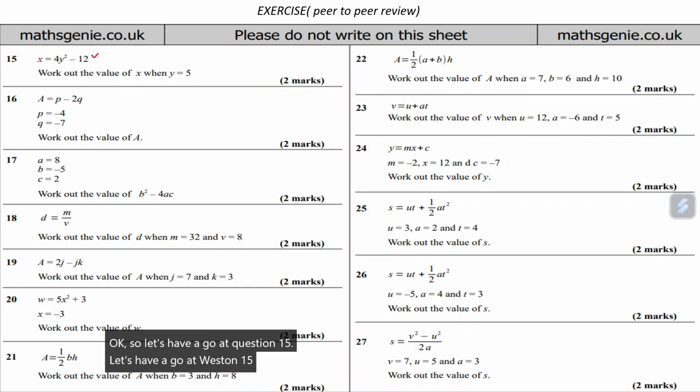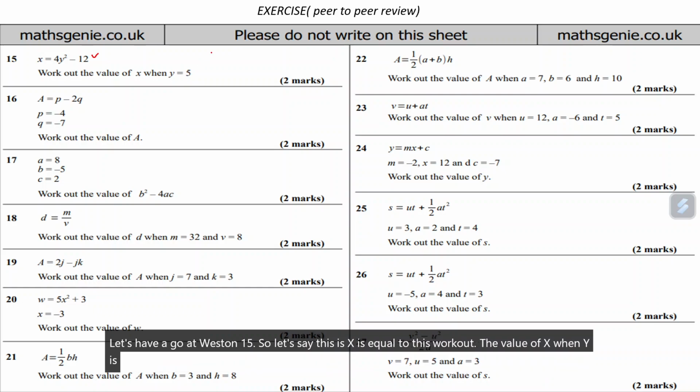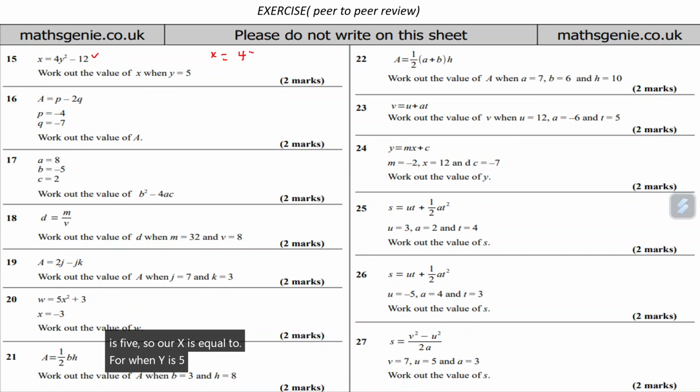Let's say x is equal to this. Work out the value of x when y is 5. So our x is equal to 4 when y is 5. Replace y with 5 in brackets, raised to power 2, minus 12.